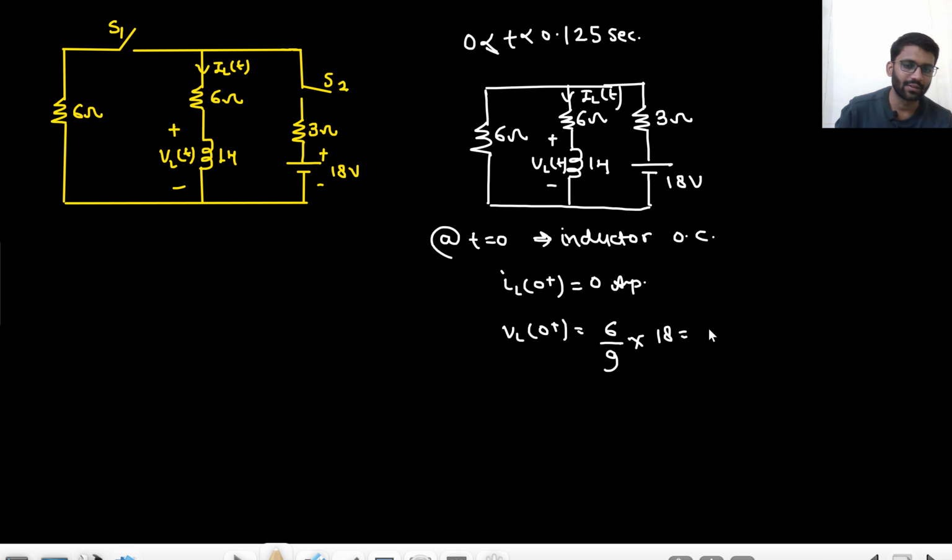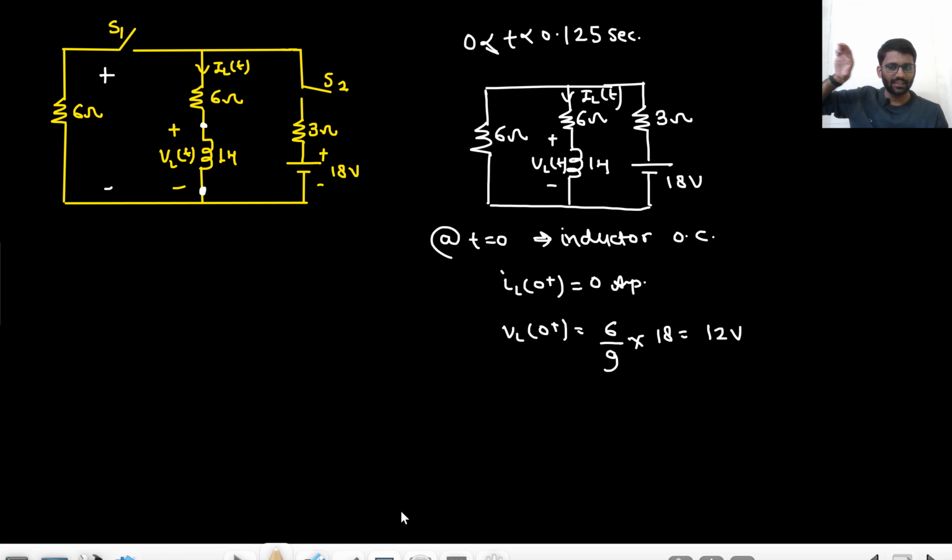So 12 volt. How did I write 12 volt? Simple mathematics is there. This is open circuited. This is 6 ohm. This is 3 ohm. So 18 volt will be divided between 6 and 3. Whatever voltage is across this 6, that same voltage will come across this inductor, because there is 0 current in this 6 ohm branch, so this 6 ohm branch will not have any voltage drop.